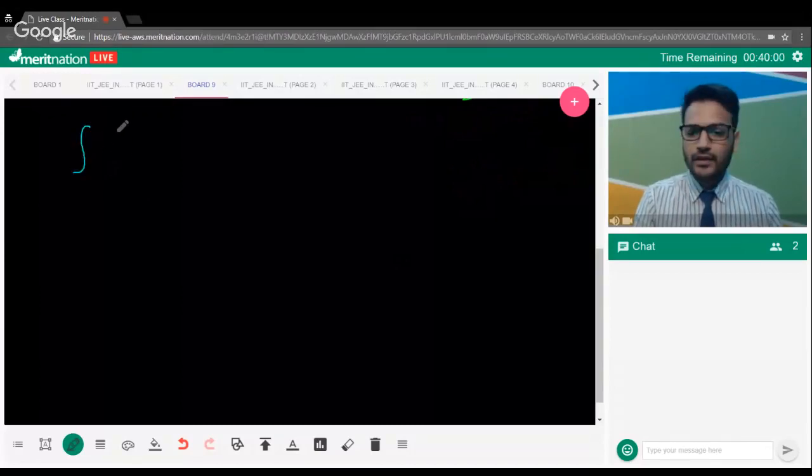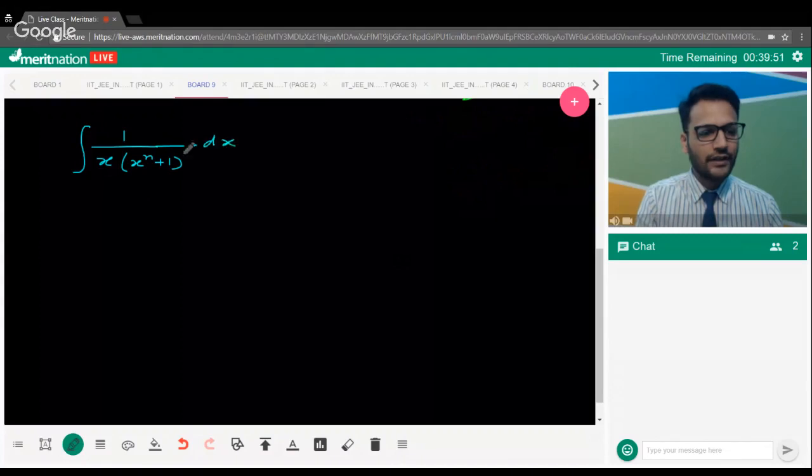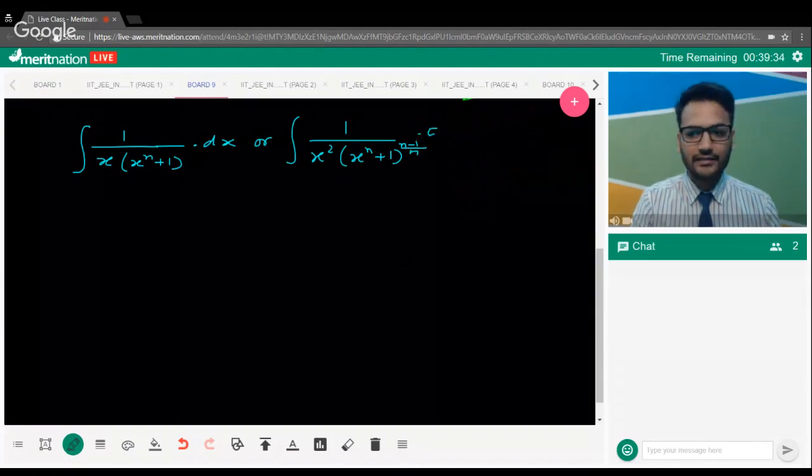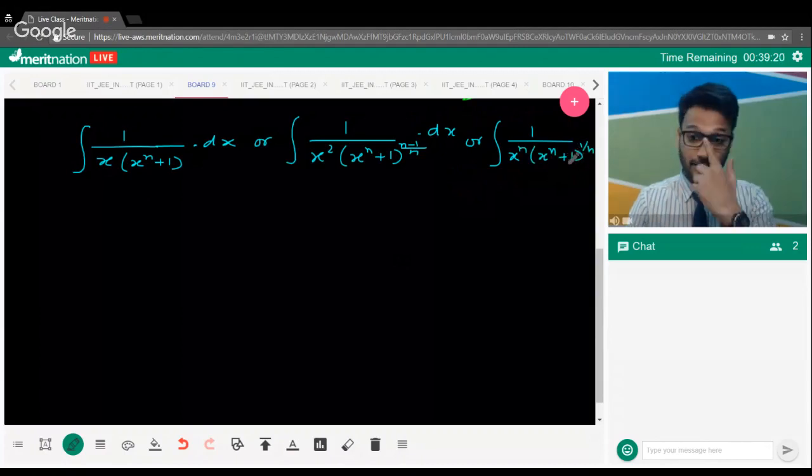See, one wherein you have something like this. If you want to integrate 1 upon x times x to the power n plus 1 dx, or if you want to integrate x squared times x to the power n plus 1 to the power n minus 1 upon n dx, or you need to integrate 1 upon x to the power n, x to the power n plus 1 raised to the power 1 by n, right?